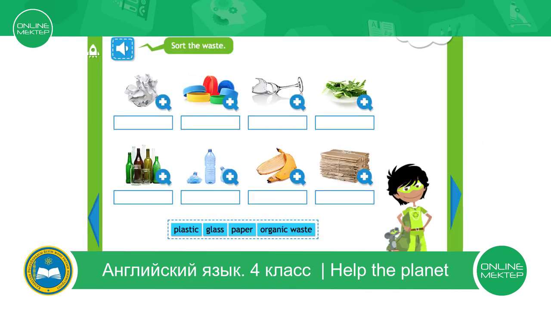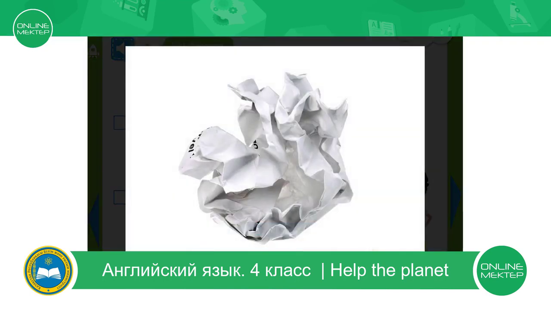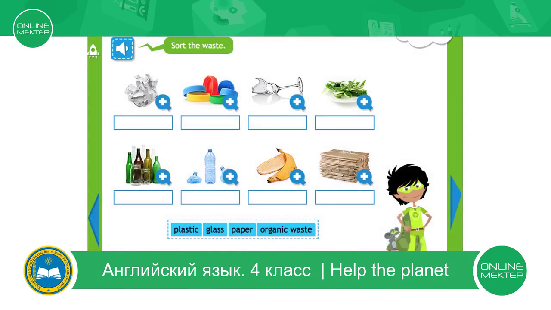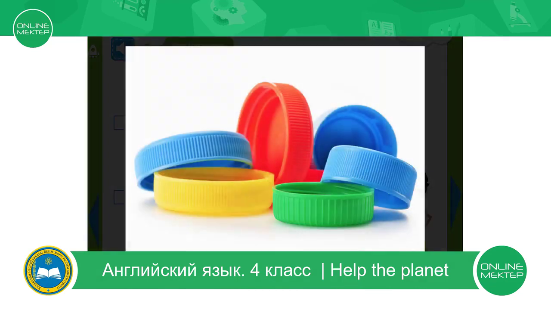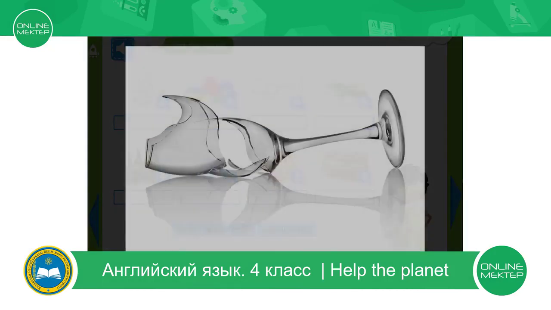Now we will talk about sorting wastes. Sort the waste. This is paper. This is plastic. This is glass.